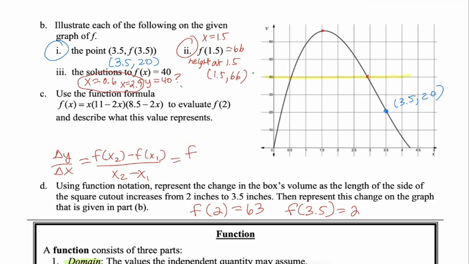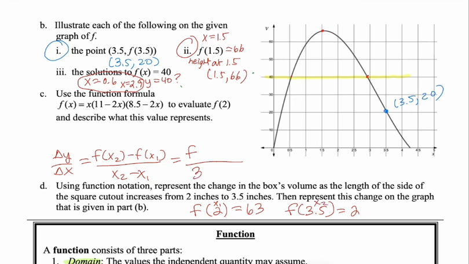Remember, it's ending minus beginning. We're going to go for the x's from left to right. Your y's will do what your y's will do, but your x's should go from left to right. So that means we want this to be our x1 and this to be our x2.